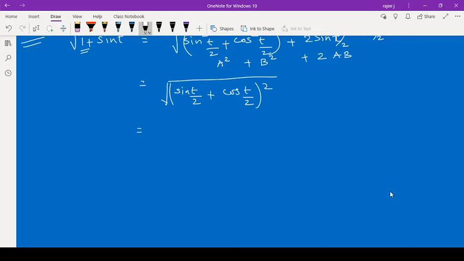So we have here sine t by 2 plus cos t by 2. So it is sine t by 2 plus cos t by 2.